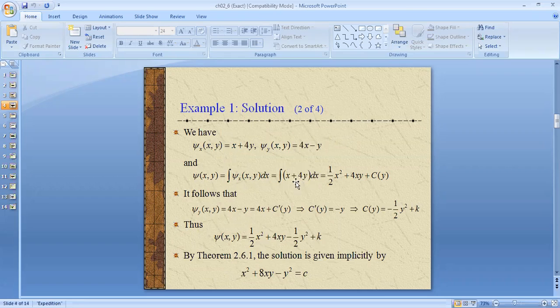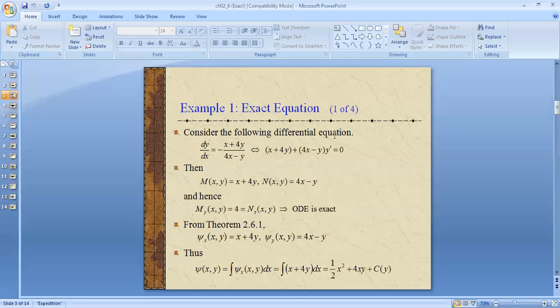Integrating M with respect to x gives x square by 2 and 4xy. Now the term in N without x is minus y, and integrating with respect to y gives minus y square by 2. Adding this equals a constant. Actually this is the result: x square plus 8xy minus y square equals c is the solution of this differential equation. Understand?